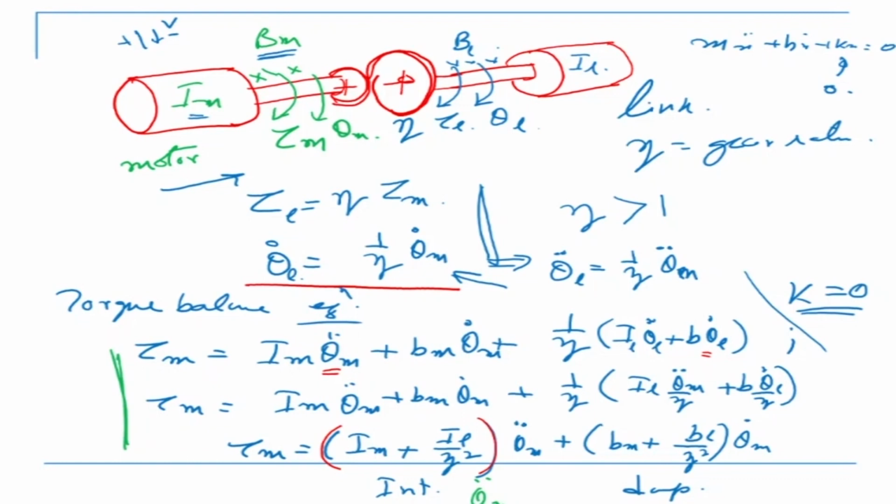That means IL can change. But IL is divided by zeta squared. So if zeta is very high, the change of IL will not cause any effect because it's a very small change.